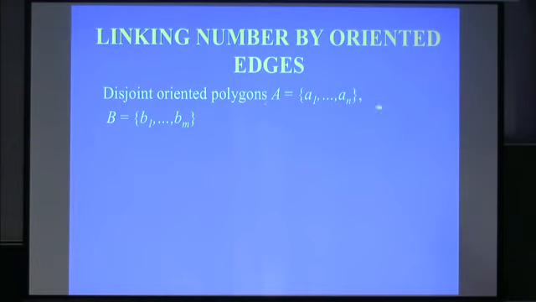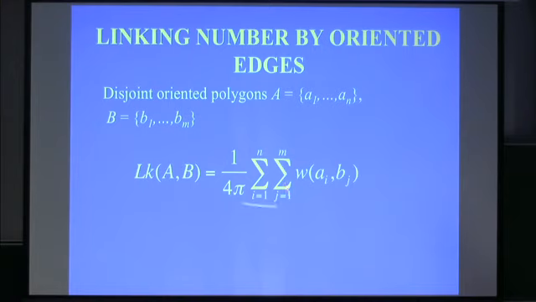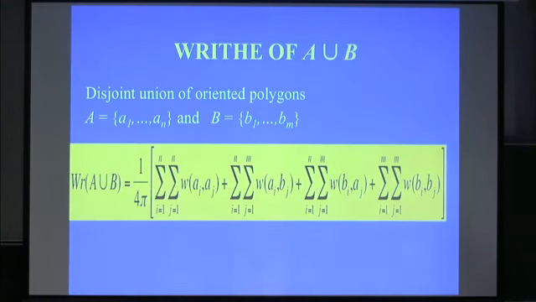If you take two disjoint oriented polygons, A and B, one with n edges, one with m edges, the linking number is simply the same sort of average where you look at the edges in A versus the edges in B and add them all up. So this one is an integer. The previous one is a real number, so it's not necessarily an integer.